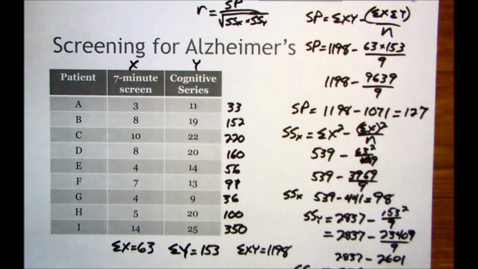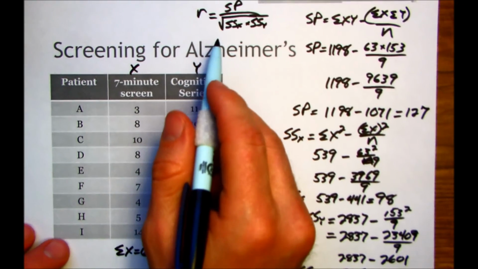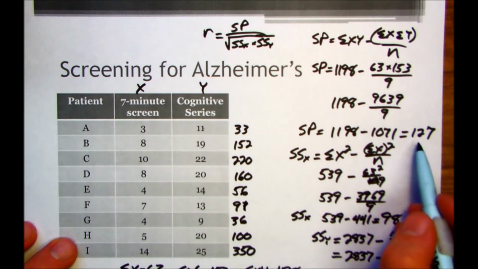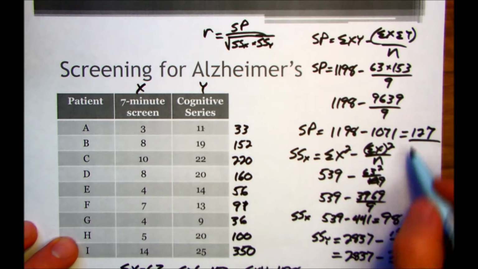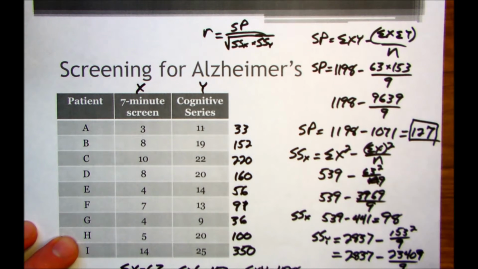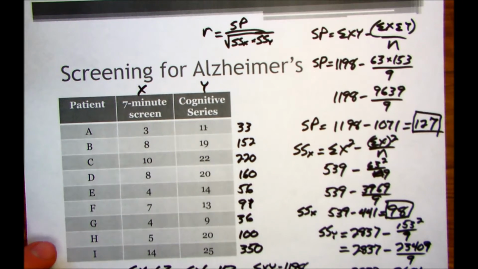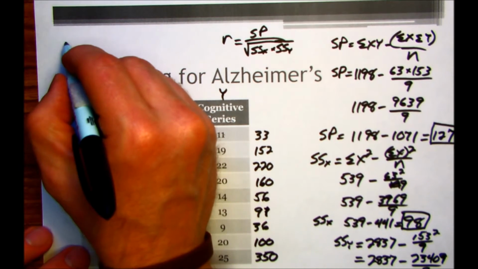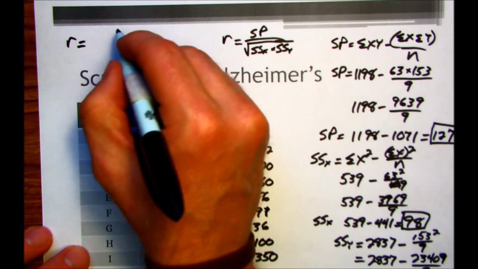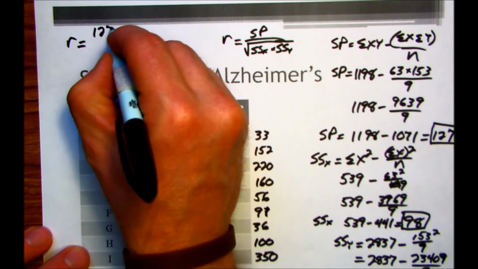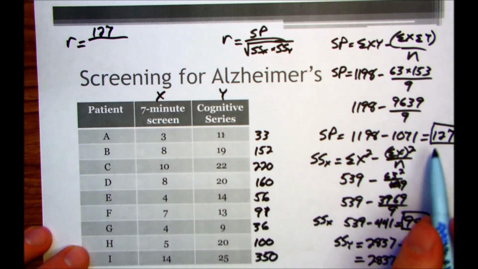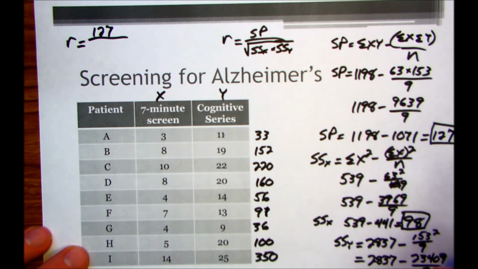Okay? So we've got everything that we need for our formula here. We've got our sum of products. We've got our sum of squares for x. And we've got our sum of squares for y. We put that in our formula here. R equals the sum of products, 127. So that's the degree to which x and y vary together.